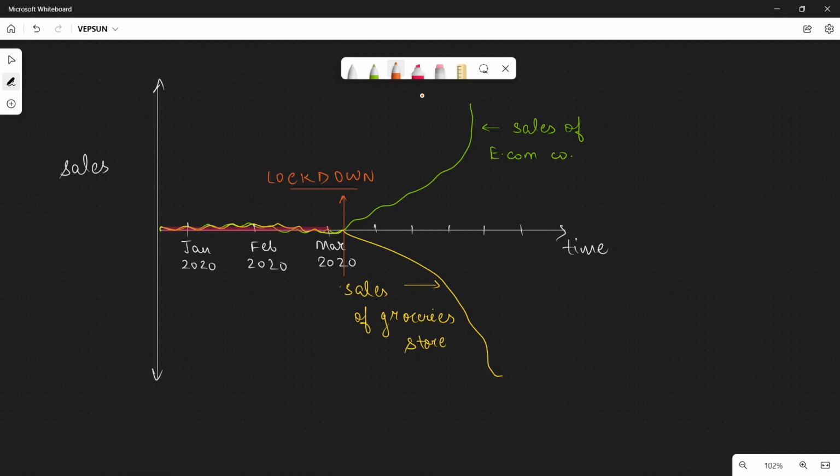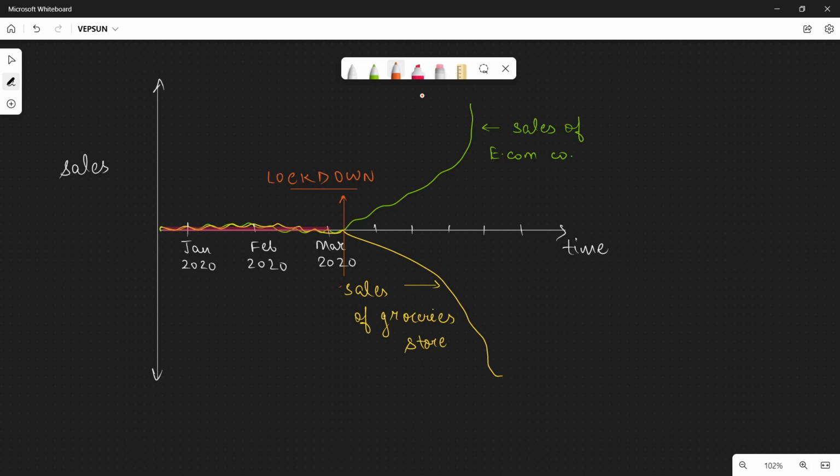We could purchase the basic necessities of our daily work also from e-com companies. We did not have flexibility here. We did not have options. Whatever was available on the e-com company's website, we had to purchase that because the grocery stores, the physical shops, all of them were closed.